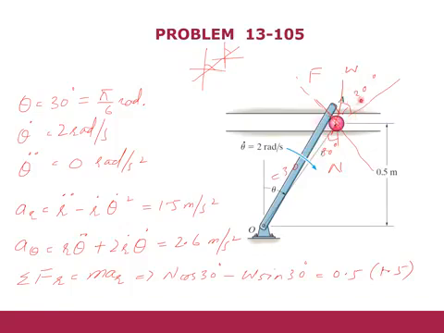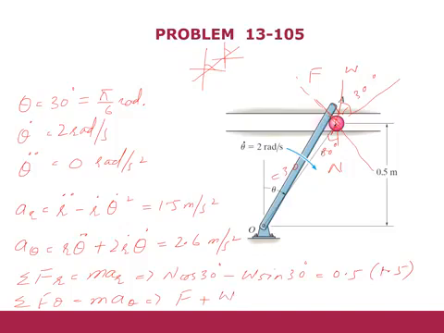Similarly, you will have the component of the weight in the downward direction. That is why it is negative. So this is the equation for the radial direction. When you solve it, you will get the value of N, because W is given to you. Similarly, you apply the sum of all the forces in the transverse direction equals m a_theta. In this way you can calculate it, where F is in the positive direction, that is why it is positive, plus W sine theta.